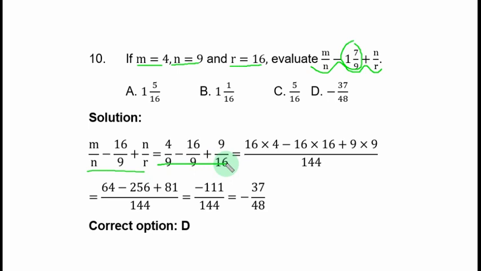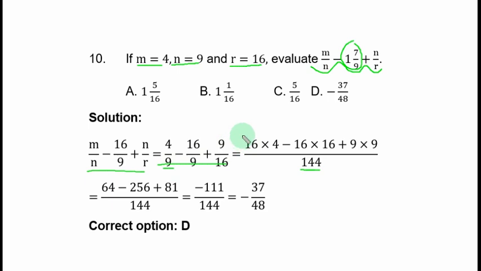So this is fraction, addition, and subtraction. You find the LCM of 9 and 16. That is 144. And the rule is that you divide each denominator by the LCM, and your answer times the corresponding numerator. So you have 144 divided by 9.